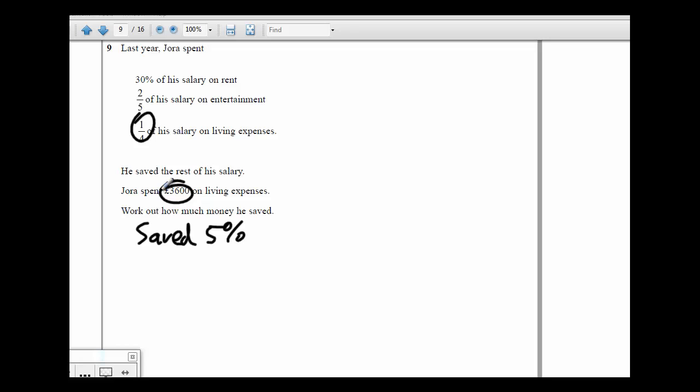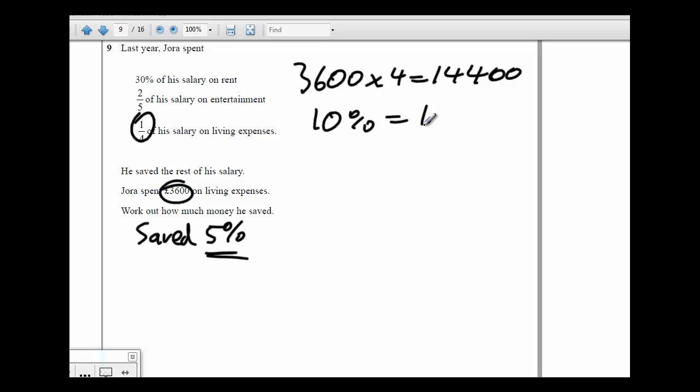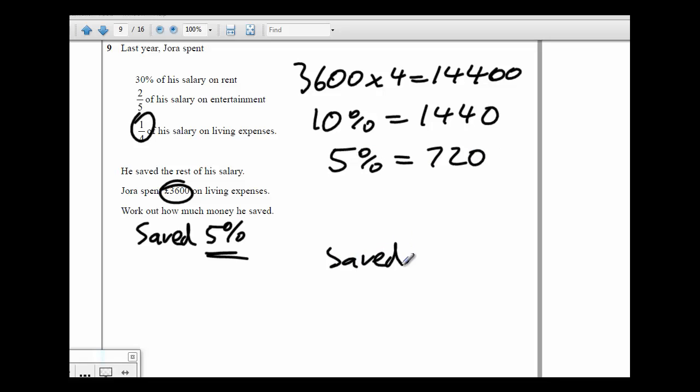So then his whole salary must be 4 times as much, which is £14,400. I want to work out 5% of this. So 10% is 1,440. 5% would be half of that, 720. So he saved £720 last year.